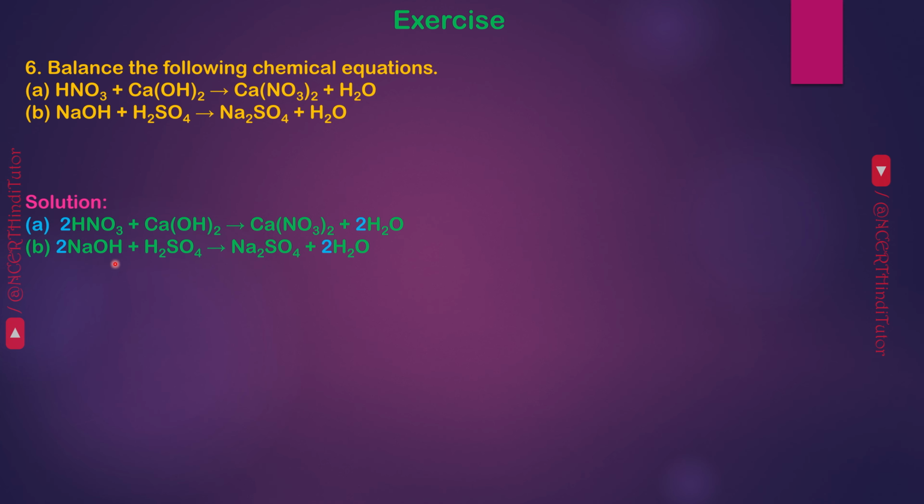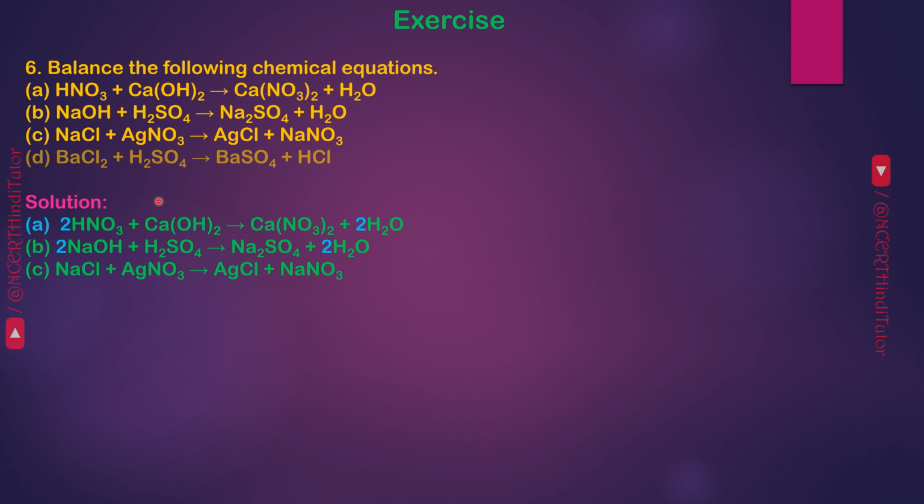Answer: 2NaOH plus H2SO4 gives Na2SO4 plus 2H2O. C. NaCl plus AgNO3 gives AgCl plus NaNO3. Answer: NaCl plus AgNO3 gives AgCl plus NaNO3. D. BaCl2 plus H2SO4 gives BaSO4 plus HCl. Answer: BaCl2 plus H2SO4 gives BaSO4 plus 2HCl.